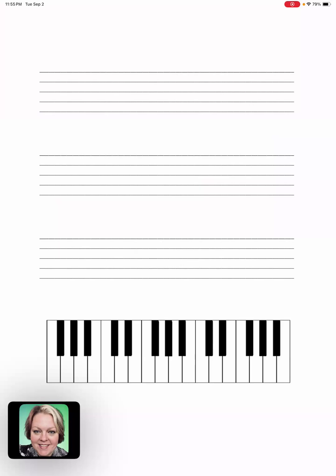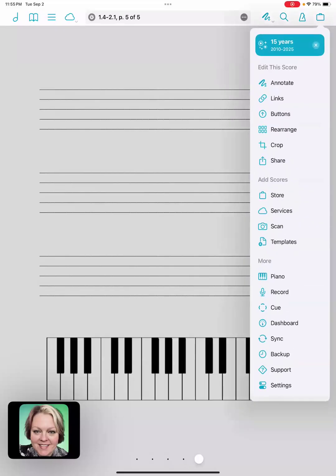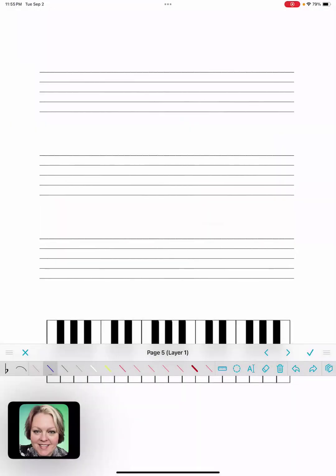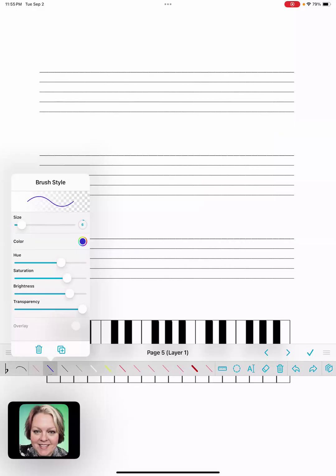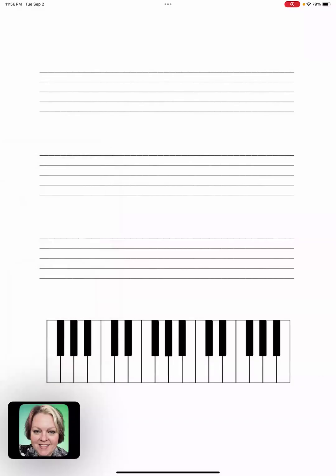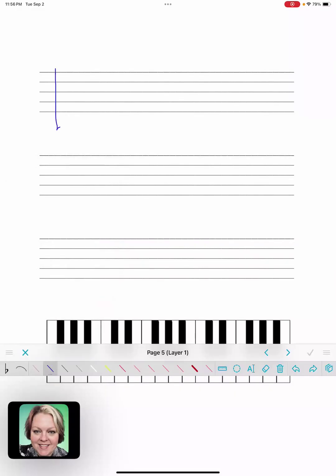When you see print music, it doesn't matter if you're using treble clef or bass clef. I'm just going to draw a treble clef because that's just the one that I'm going to pick. Okay, my treble clef right there.